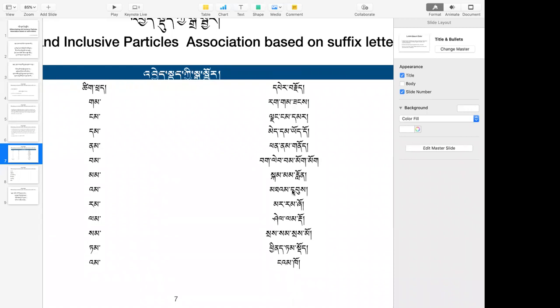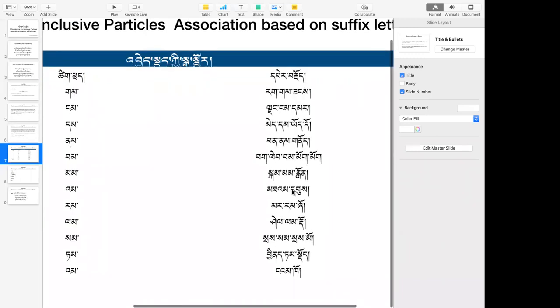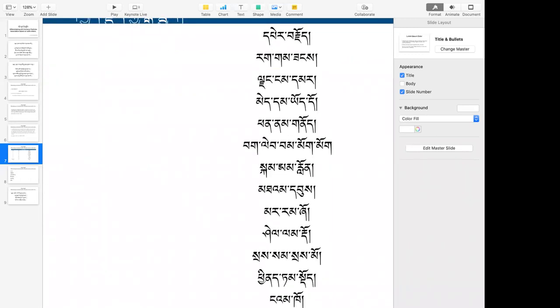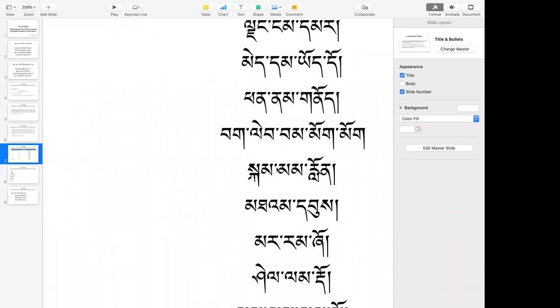And the other thing is that when you use ha, you don't have this particular punctuation. This is the punctuation known as tsek. It is the punctuation that divides a word into different syllables. So this particular punctuation is missing here. And this is the special rule that pertains to ha.